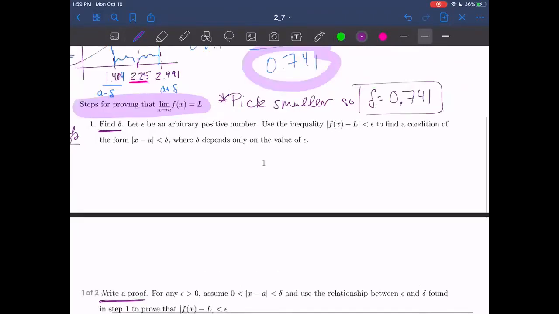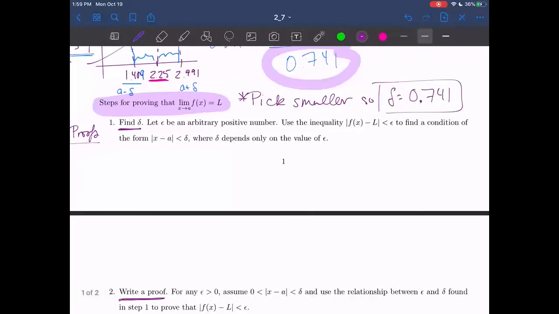The first step in proving that our limit is equal to L is that we'll need to find delta. We let epsilon be any arbitrary positive number, meaning any number greater than 0. Then we use this inequality to find a condition of the form absolute value of x minus a is less than delta, where delta depends only on the value of epsilon.